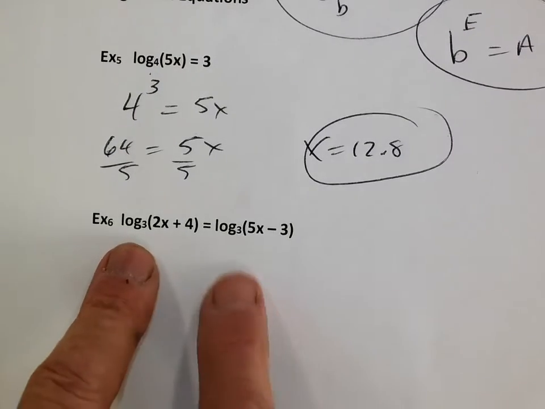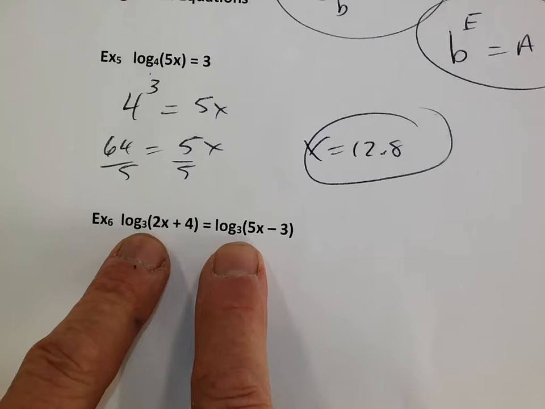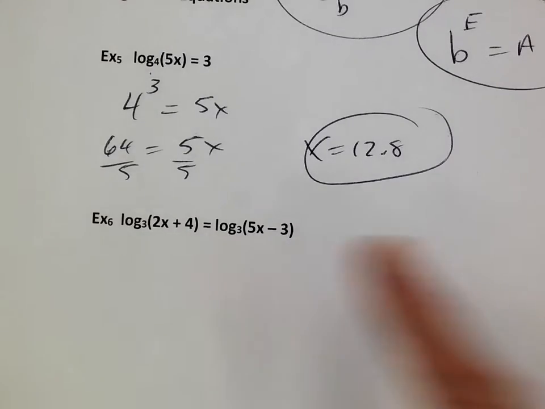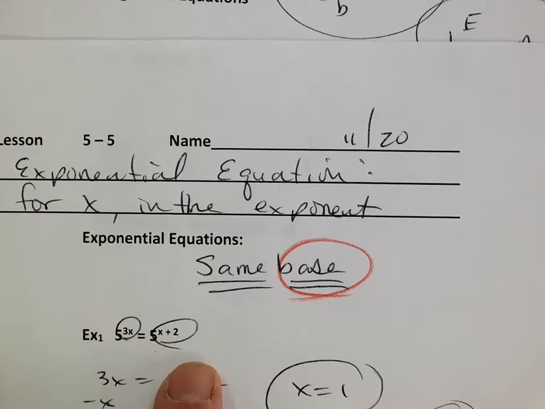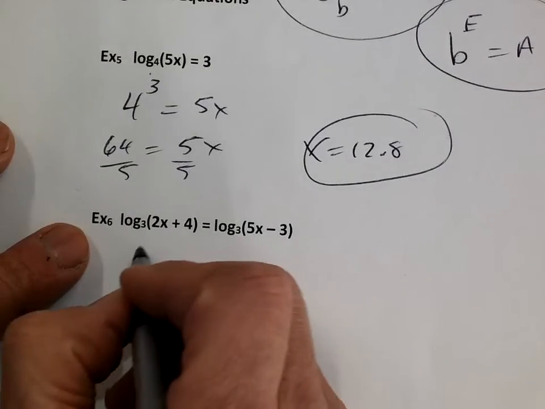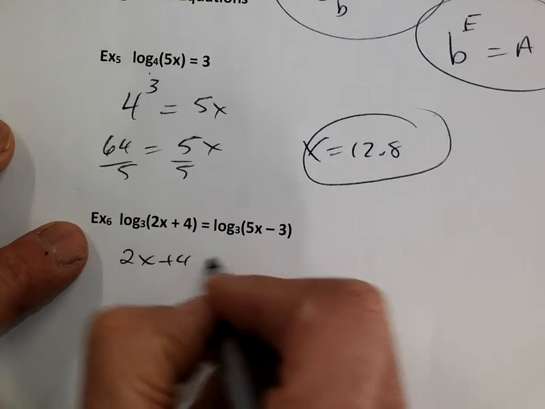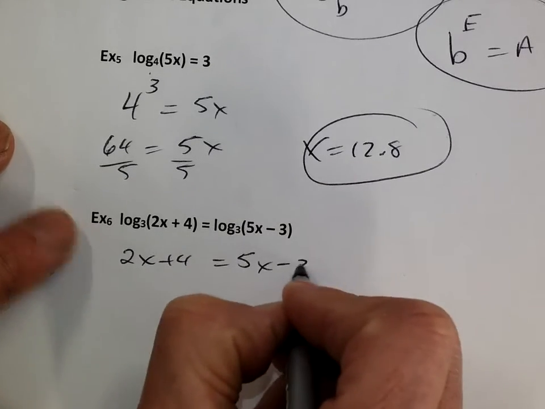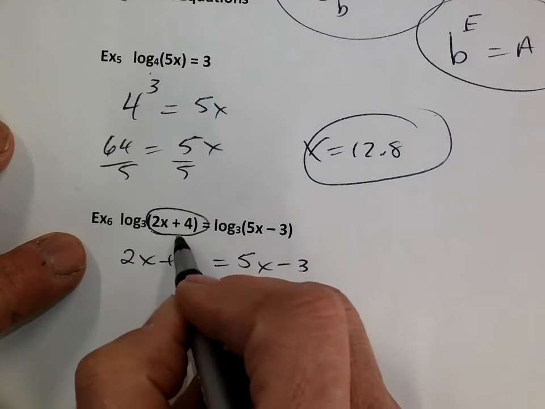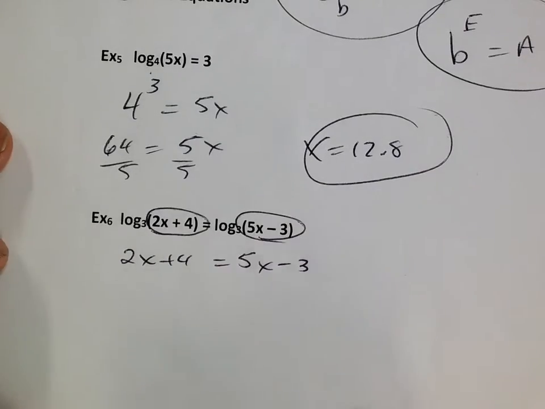All right, now, example 6. Well, these are bases. They're both base 3, right? So it's very similar to what we did here. They got the same bases, right? So really what we're trying to find out is 2x plus 4 is equal to 5x minus 3. Because they have the same bases, we're trying to figure out what 2x plus 4 is equal to x minus 5, okay?